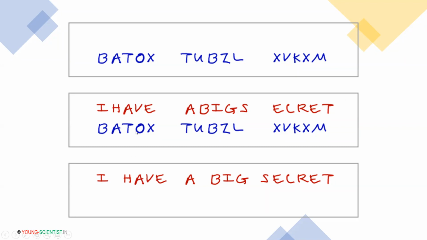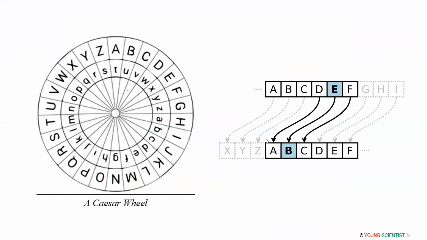Let's take the Caesar cipher, for instance. Now this is a simple example of letter substitution.